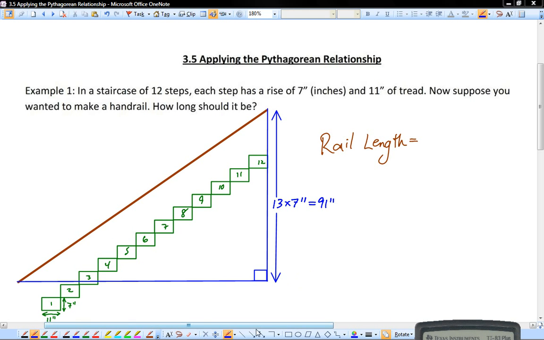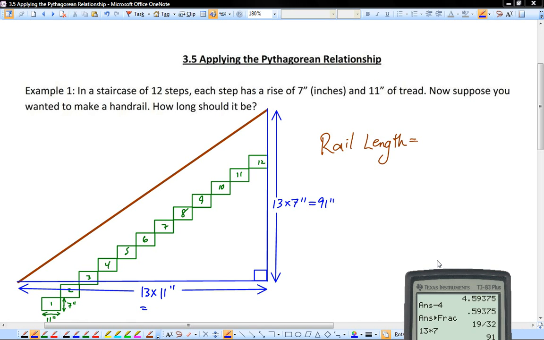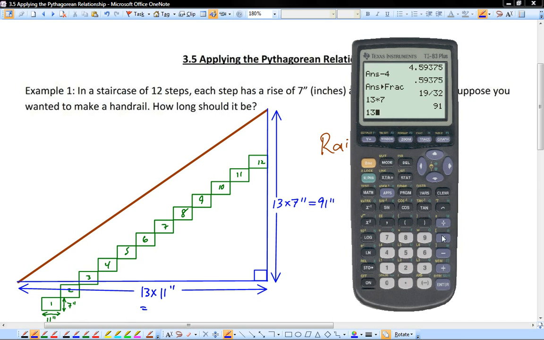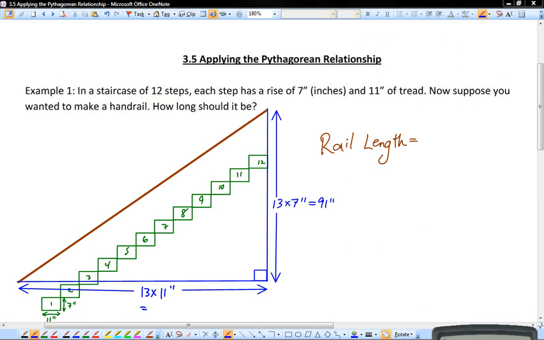Secondly, if we look at the horizontal component from here to there, it is also 13 times 11 inches, and this works out to be 13 times 11 is equal to 143. So it is 143 inches in length that way.